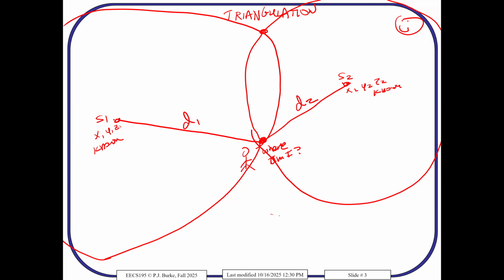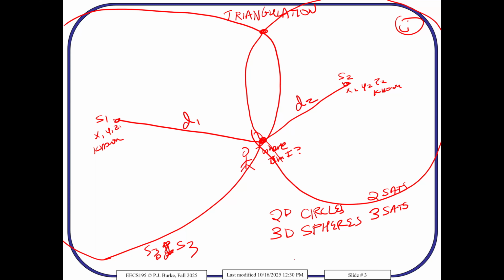Now this works in 2D for circles. If you are in a 3-dimensional universe, then the case works for spheres, and for circles you need 2 satellites. For spheres you need 3 satellites. So if there's another satellite somewhere else, let's say S3, satellite 3, you have to draw a sphere, which I'm not very good at doing.